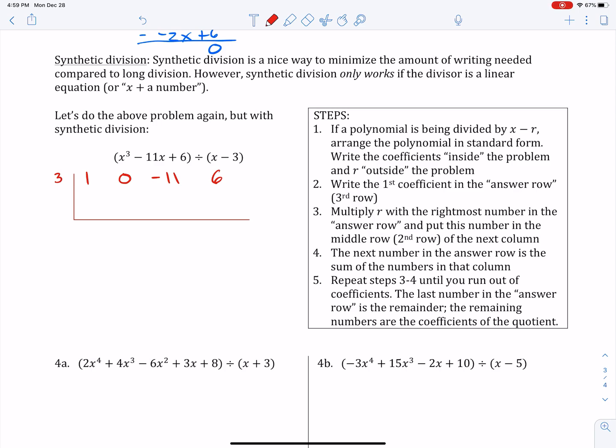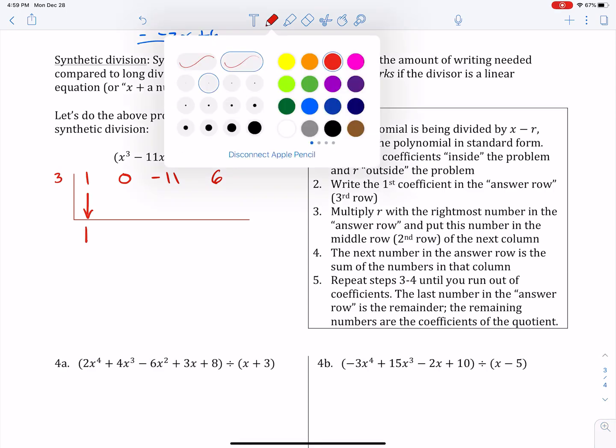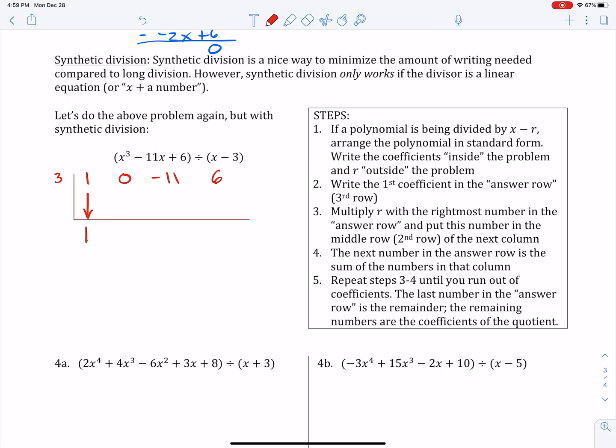Once we have that, we bring down our 1 and put it right there. Then you do 1 times 3, and that gives me 3.